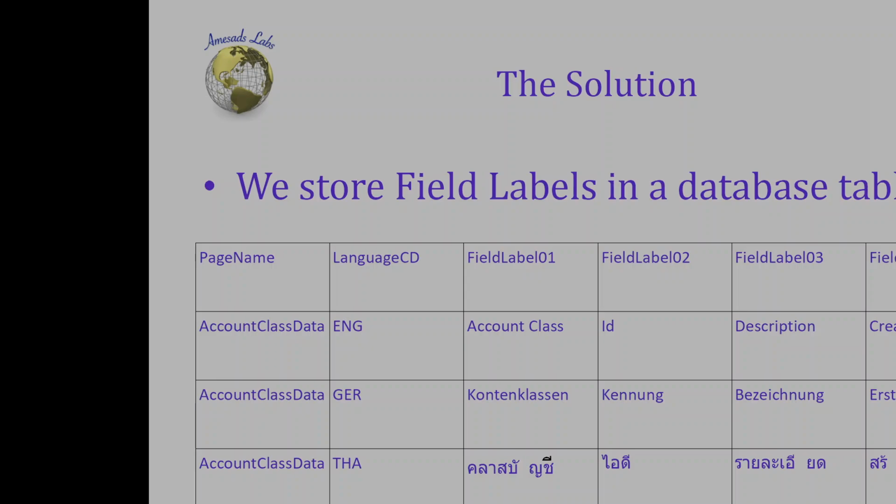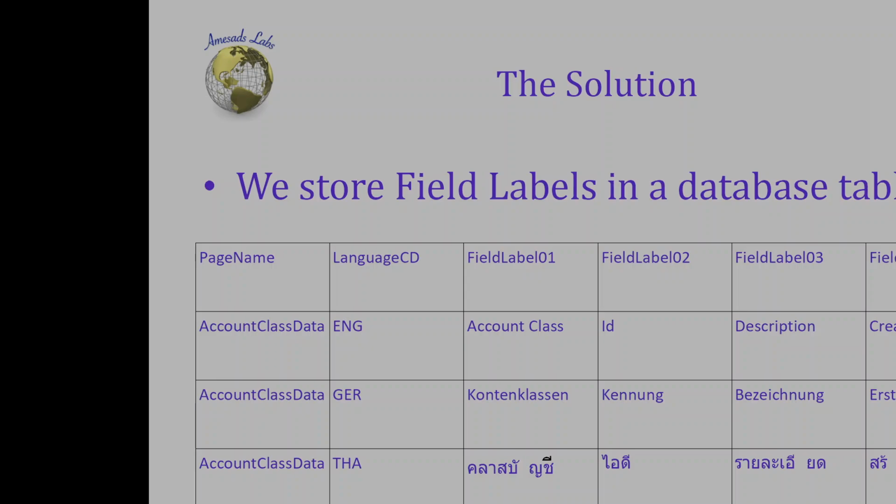In page name, we are using the same as the component name. We are using Razor components, and the name is account class data dot Razor. So page name, account class data, just to identify if you have any issues, any problems, you know where to look.